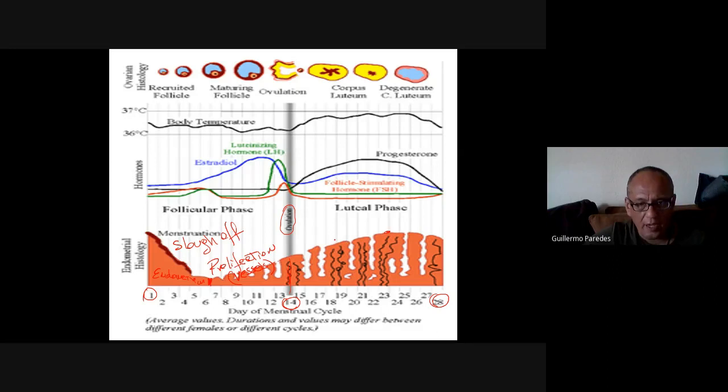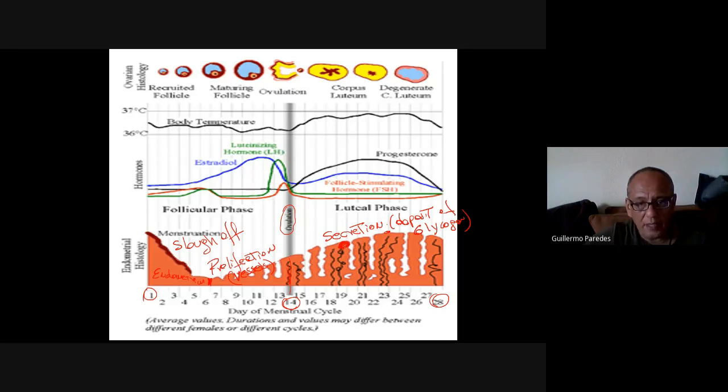In the next 2 weeks, 14 to 28 days, there is what we call the secretion. The secretion is the deposit of glycogen. This glycogen is going to make the endometrium even thicker. It is used as energy, because eventually the ovum that is fertilized by the spermatozoid is going to get into the endometrium.